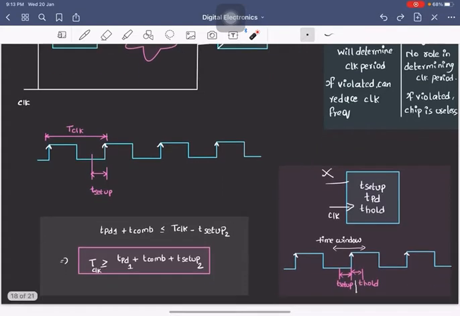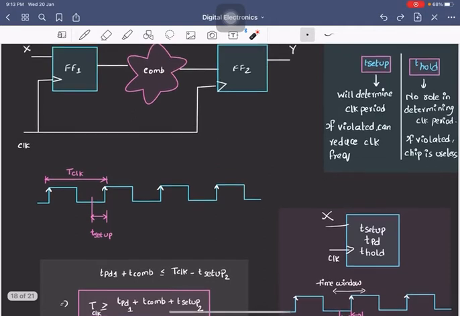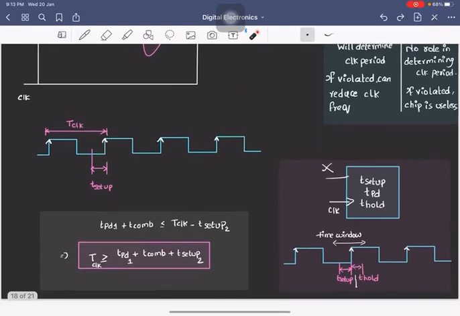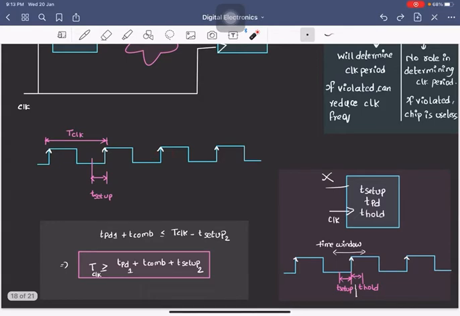Now let's find the timing conditions required for this digital circuit to work correctly. Here the clock is represented and this is the t clock. As I said, t setup only determines the clock period; there is no role for t hold in determining the clock period. This is the rising edge of the clock, and this will be the t setup time.